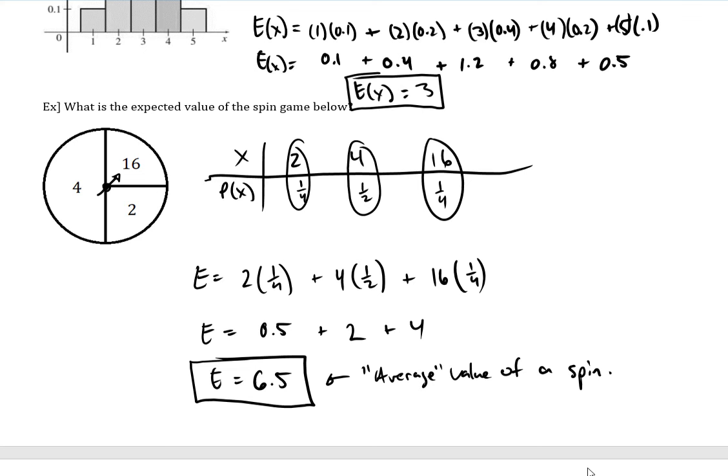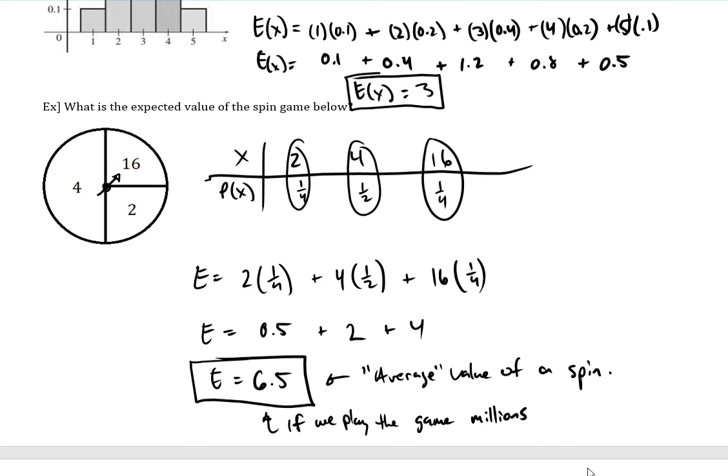So what this means is if we were to play this game millions of times, that would be the long run. That would take years.